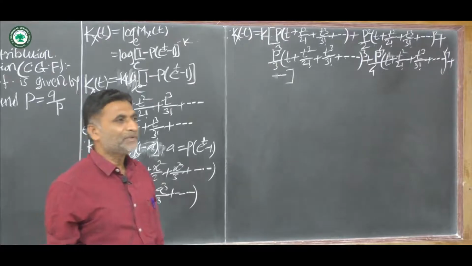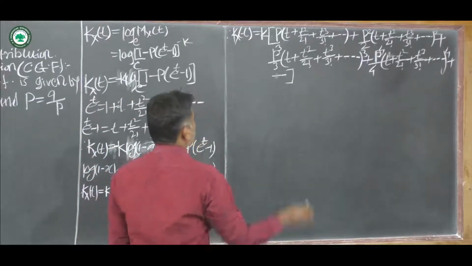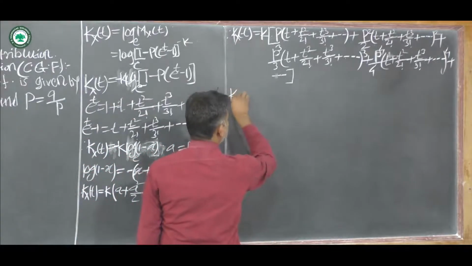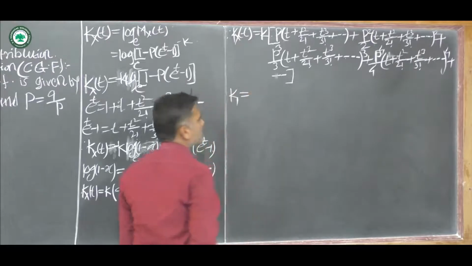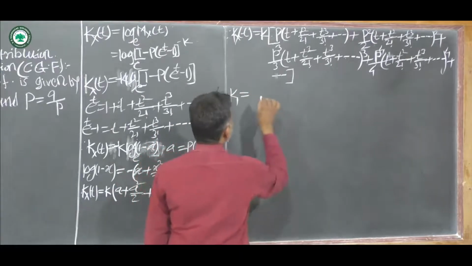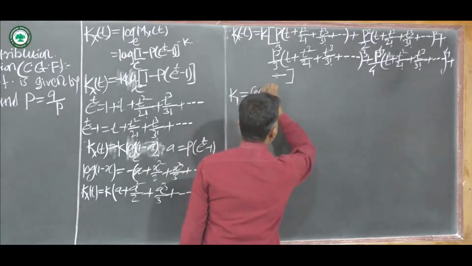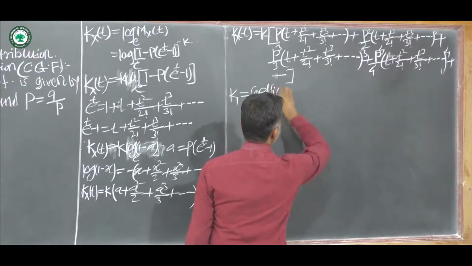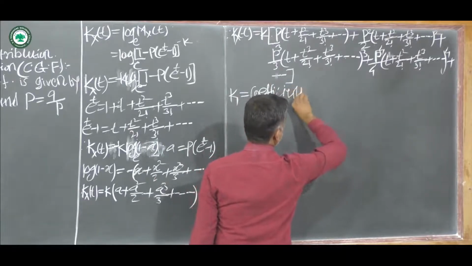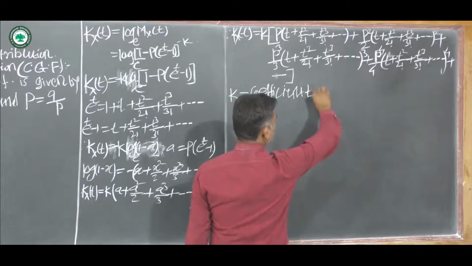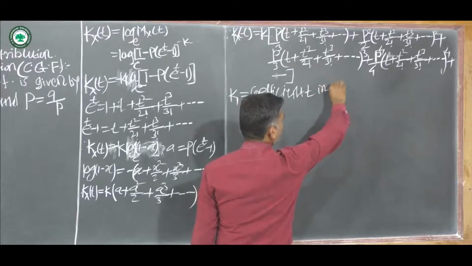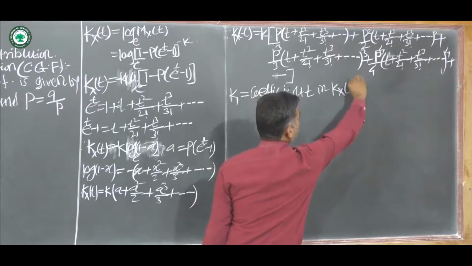binomial distribution. Okay, now we know that k1 is equal to first cumulant, and which is equal to what? Coefficient of t in kx of t.